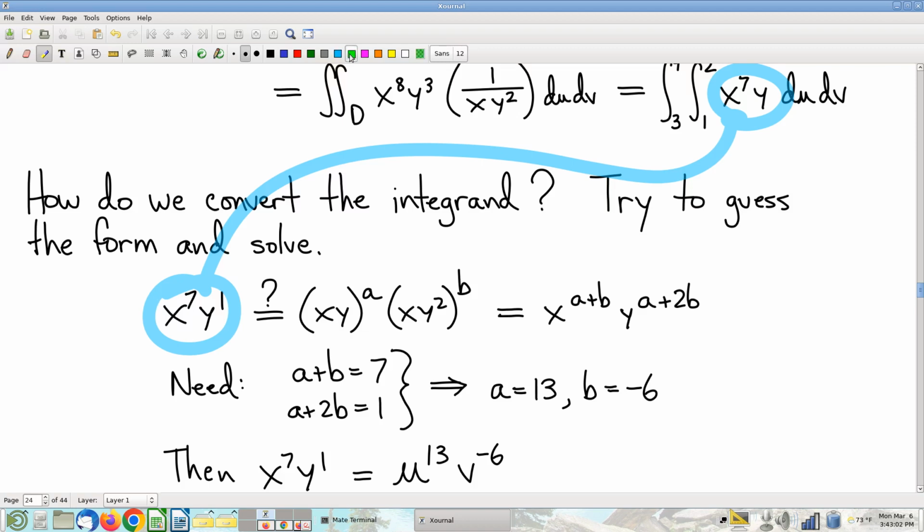And notice here's what I have. I already have that u and v are those formulas. So what I have and what I want are both products of powers of x and y. So now I ask rhetorically, strategically, what should I do to these products of powers of x and y to produce this product of powers of x and y?